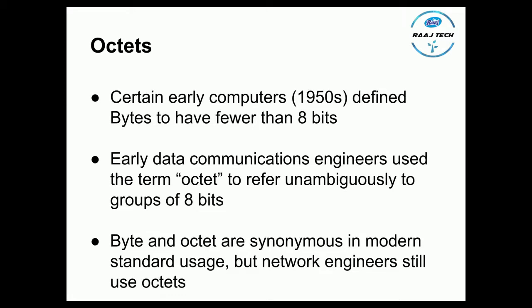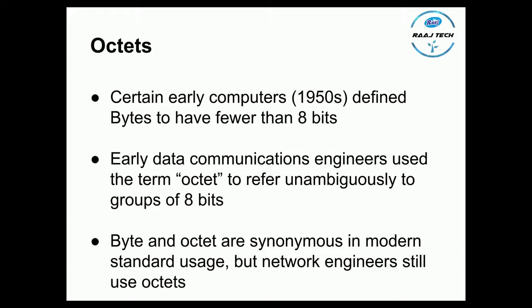There is another term, however, that we see in networking. This term originated from the fact that certain early computers in the 1950s defined bytes to have fewer than 8 bits. Thus, early data communications engineers used the term octet to refer unambiguously to groups of 8 bits.